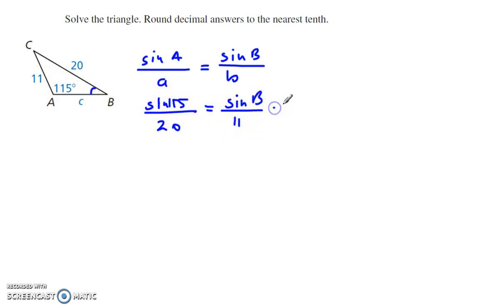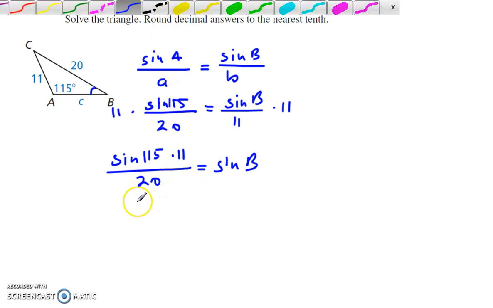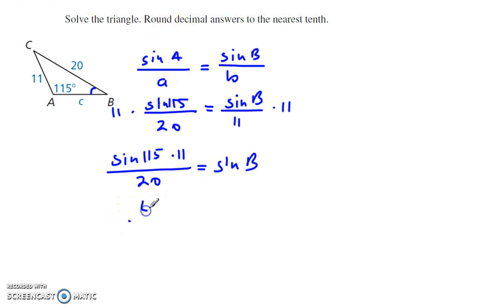I'm going to multiply each side by 11. So I get sine 115 times 11 over 20 is equal to sine B. Type that in and you'll get that sine B is 0.498 and so on.